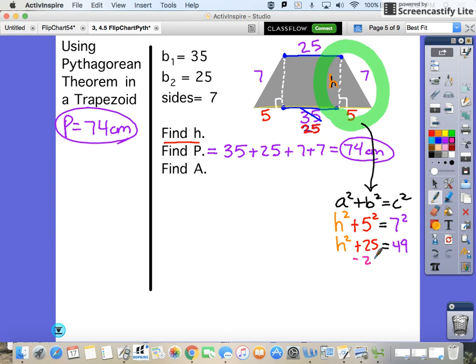And then to solve, we subtract 25 from both sides. Chunga chunga, h squared equals 24. Then we square root both sides. H equals, let me calculate this.